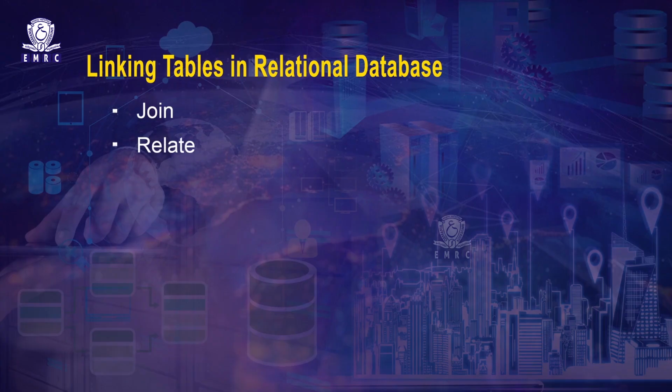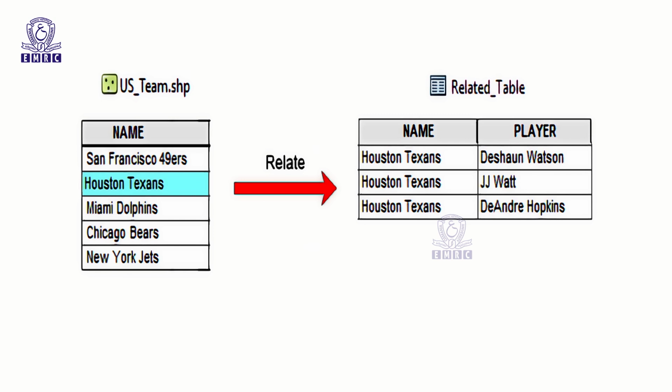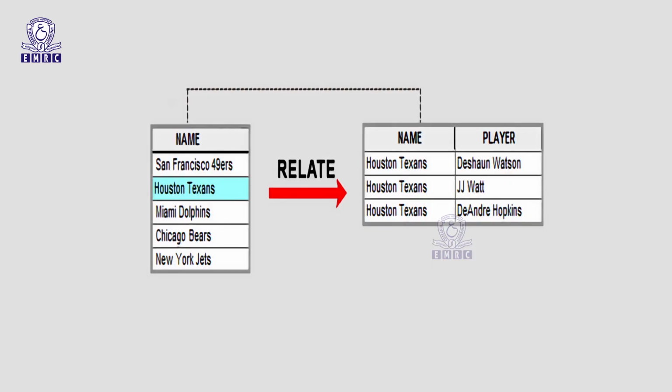Relate. A relate operation temporarily connects 2 tables, but keeps the tables physically separate. We can connect 3 or more tables simultaneously by first establishing relates between the tables in pairs. A window based GIS package is particularly useful for working with relates because it allows the viewing of multiple tables.